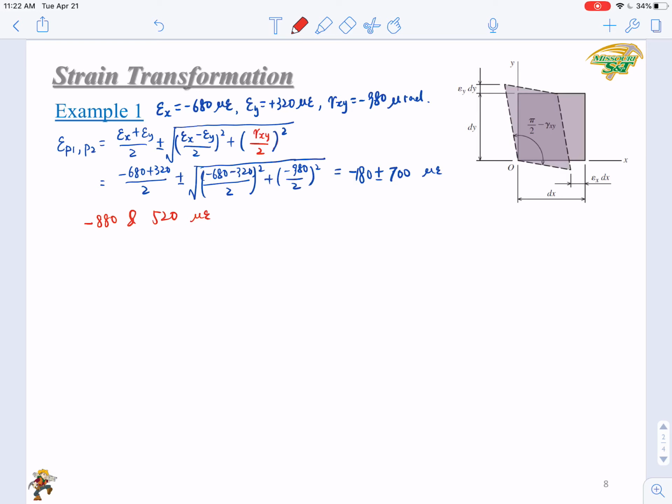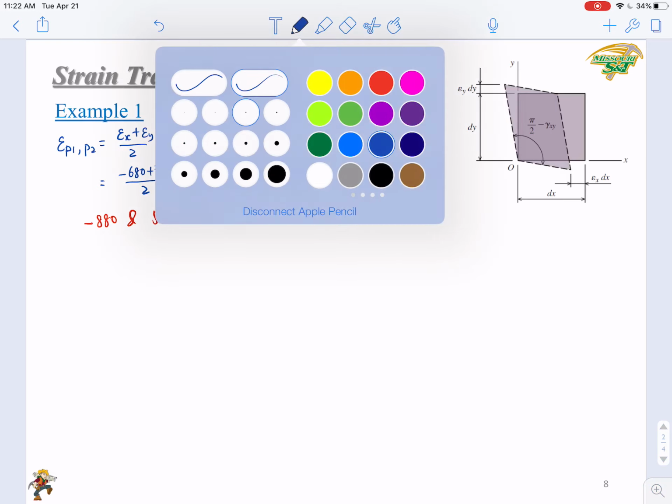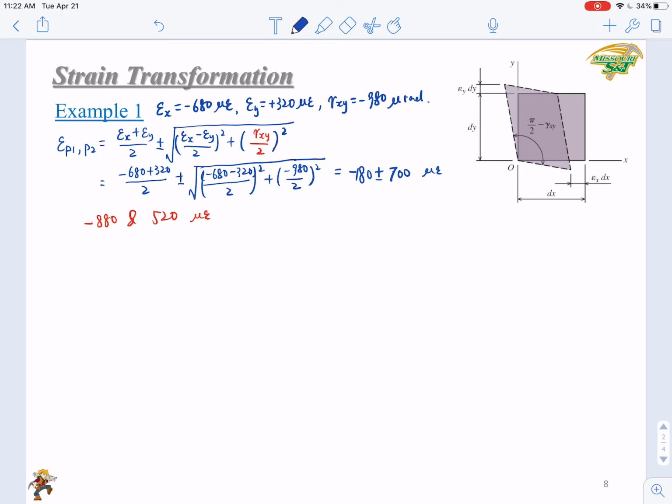We can also calculate the maximum shear strain. It is gamma max over 2, which equals R. We already calculated that here. The R value is positive or negative 700 microradian.